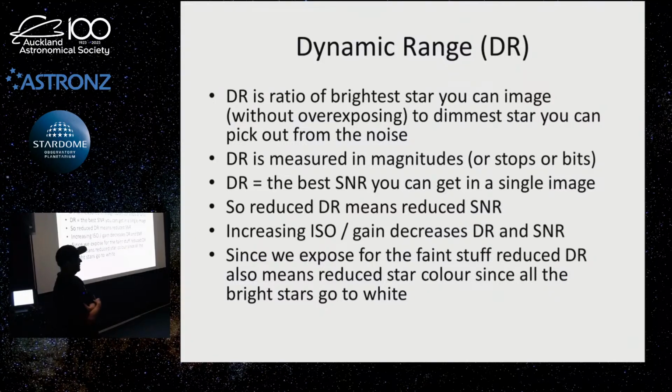The greater the dynamic range, the greater the difference between bright stars and faint stars that you can image without blowing out the bright stars. Increasing ISO or gain decreases your dynamic range, and I'll explain why.